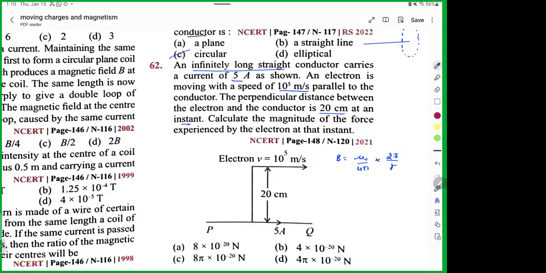Calculate the magnitude of force experienced by the electron. You have to calculate only the magnetic field using this formula, because later we'll discuss force will be equal to QVB. You have charge, velocity is given, magnetic field is given, you can calculate. Understood?